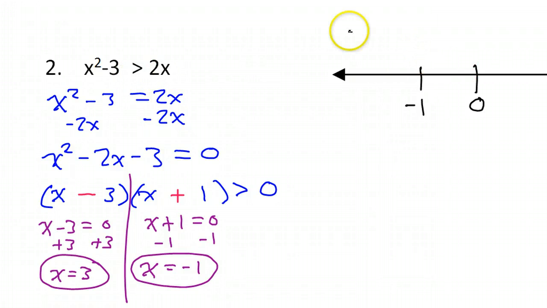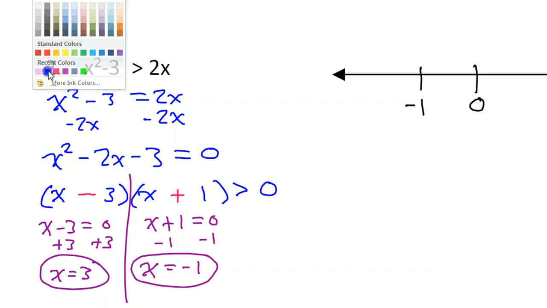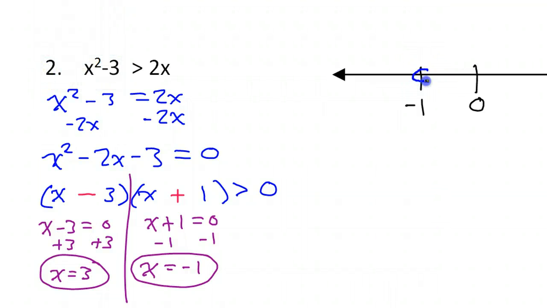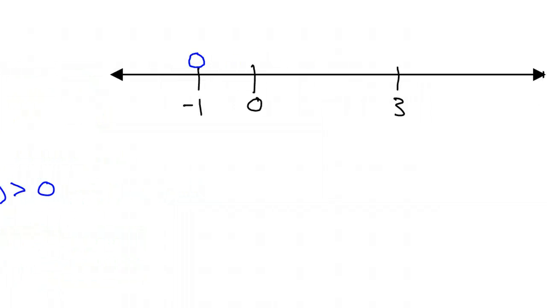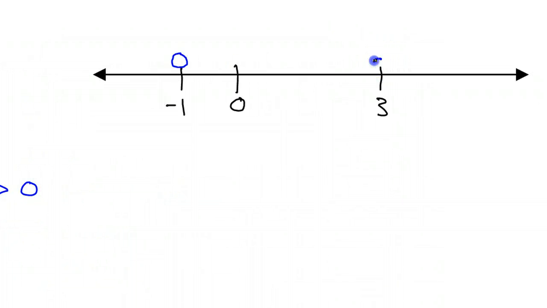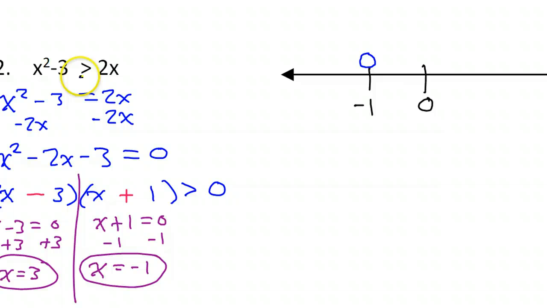Your teacher will probably want you to put your circles right on the line, except if you're in Burton's class, please put your circles above the line so I can see what you're doing better. But you do what your teacher does. So I'm going to use open circles. If this had been greater than or equal to, then I would have used filled-in circles.